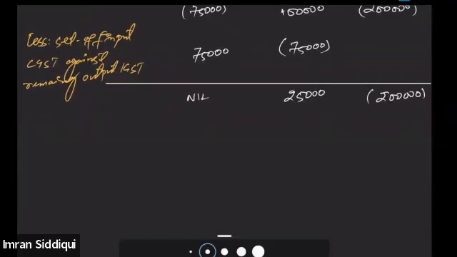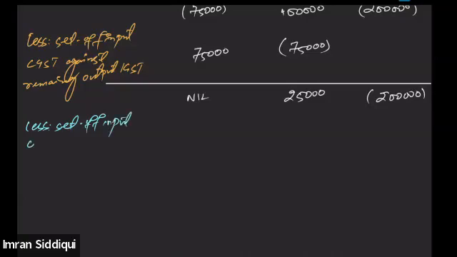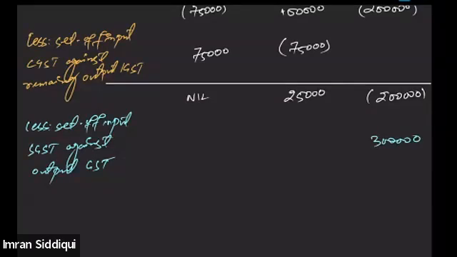Now let's talk about the SGST. Now let's set off input SGST against the output SGST that we collected. So we paid input GST of how much? We paid input GST of 3 lakh. We'll try to subtract 3 lakh out of the credit balance of 2 lakh, but we won't be able to completely set off.